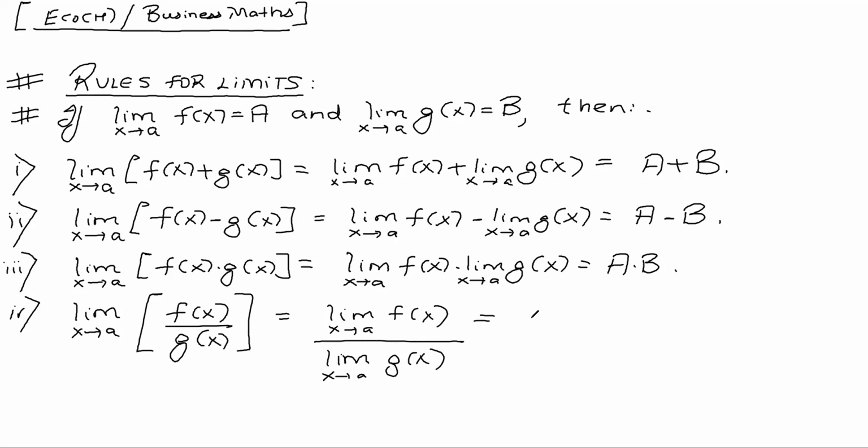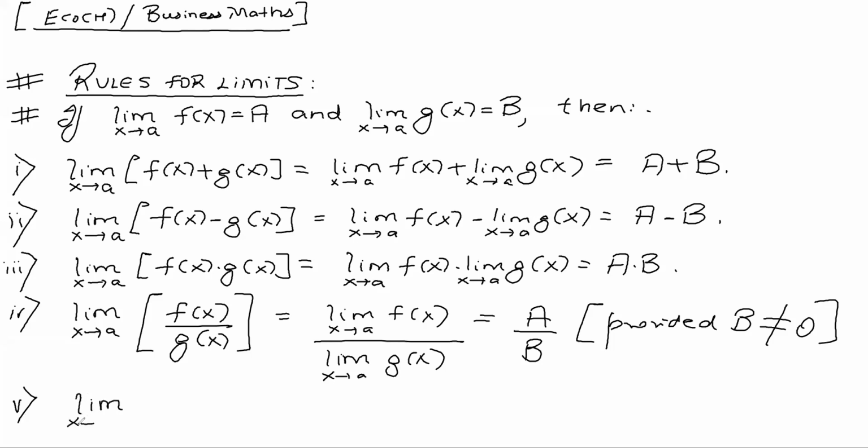So I can write it as A upon B, but provided that your denominator is not equal to 0. Because if the denominator is equal to 0, anything upon 0 gives us infinity, and then my limit will not be defined, because if you can recall, if the limit value is coming out as plus minus infinity, it is not defined.